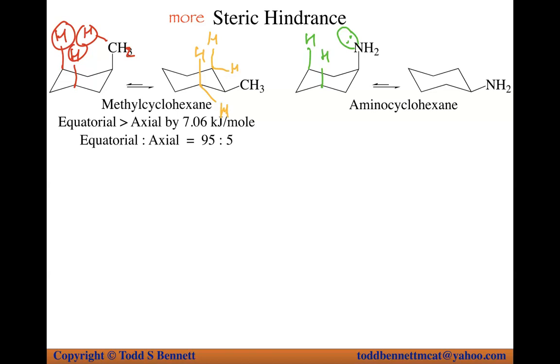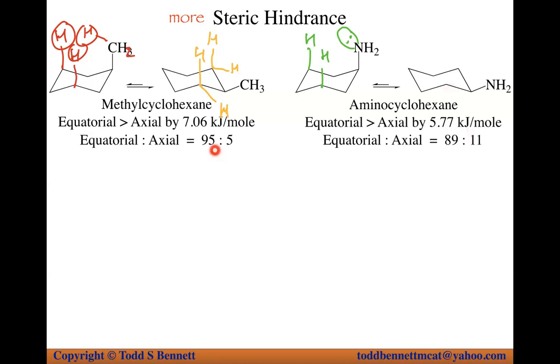As a result, you end up getting about 89 to 11, about a 9 to 1 ratio in this case. So in this case, you have about 19 to 1, here you have about 9 to 1. Again, plugging into the thermodynamics equation, you'll come up with the fact that equatorial is more favorable by about 5.77 kilojoules.